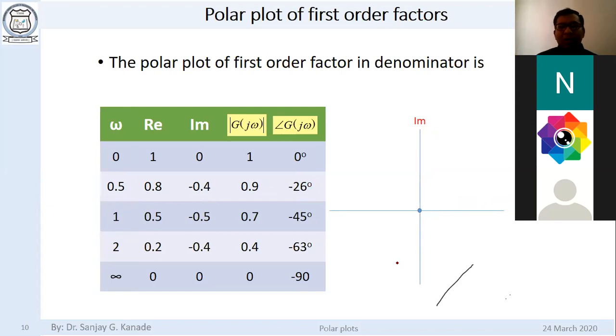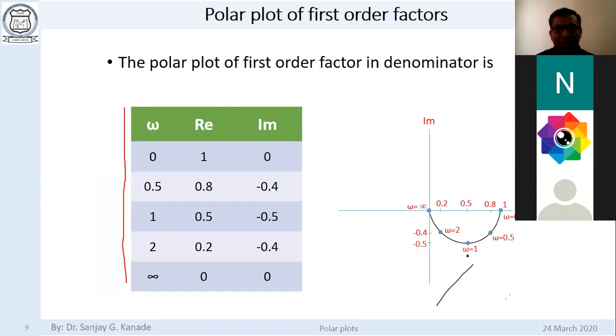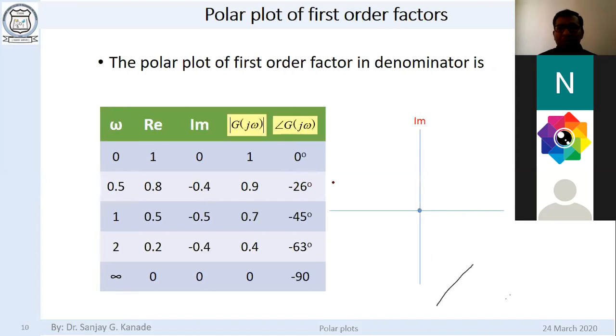Now, what we have plotted here is only based on the real and imaginary parts, right? But it will not always be possible for us to calculate real and imaginary parts for all the values. So we are coming to some other way of plotting. For these real and imaginary values, we have calculated magnitude and phase angles.